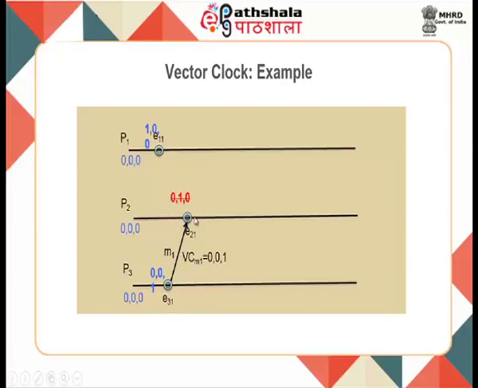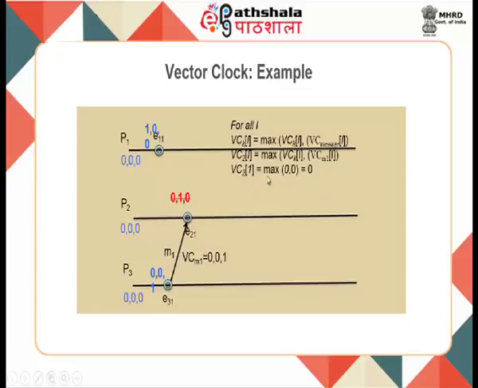Now, when it is a send message, this 0 1 0 has to be recalculated. How do we recalculate this value? This message is coming with the clock value of 0 0 1, because E31 is 0 0 1. How do we change it? This is our rule: for all i, take the maximum of the ith value in my vector and the ith value in the message vector.